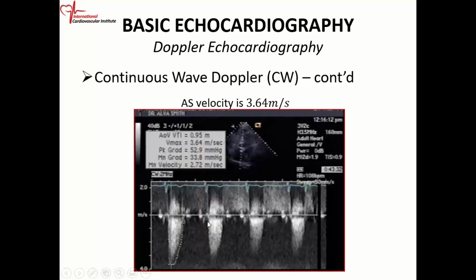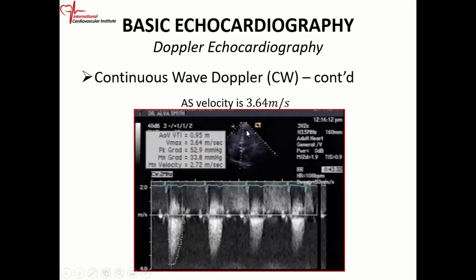You get a systolic flow, and the velocity is usually fairly high. But let's look at it from first principles. This is your LV cavity right there. Again, this is your transducer, the LV cavity, the aortic valve.